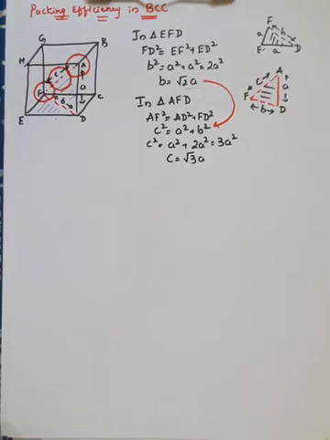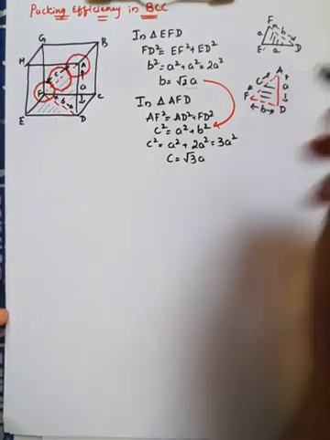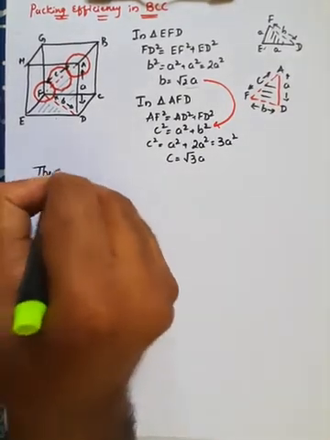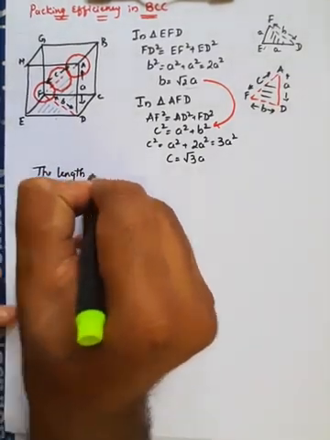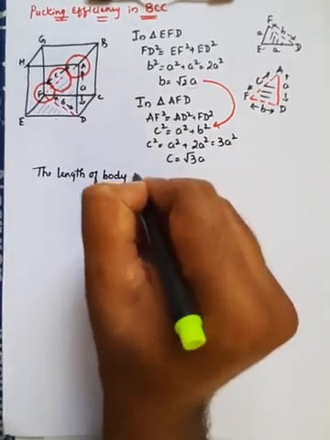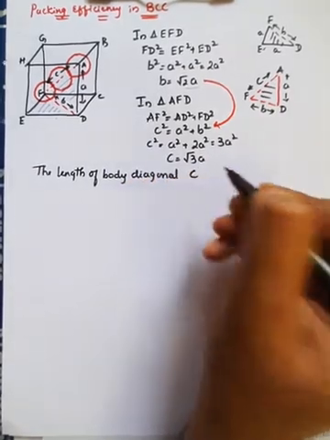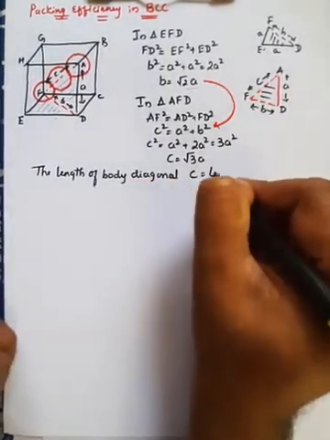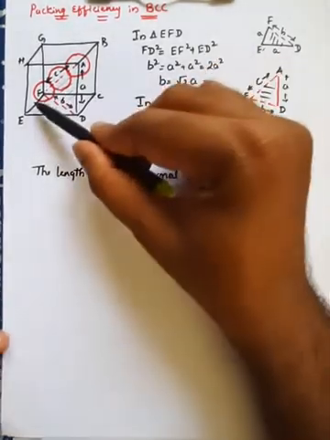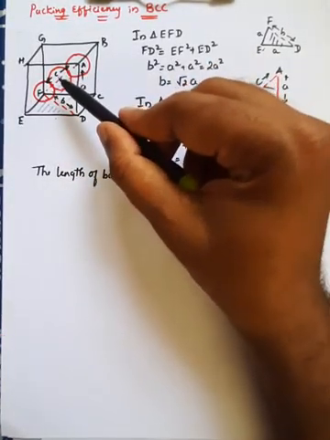Further, the length of body diagonal C will be equal to 4R. Again it will be 4R because there are 3 circles. Whenever there is a joining of 3 circles, you will get 4 radius, that we have seen.